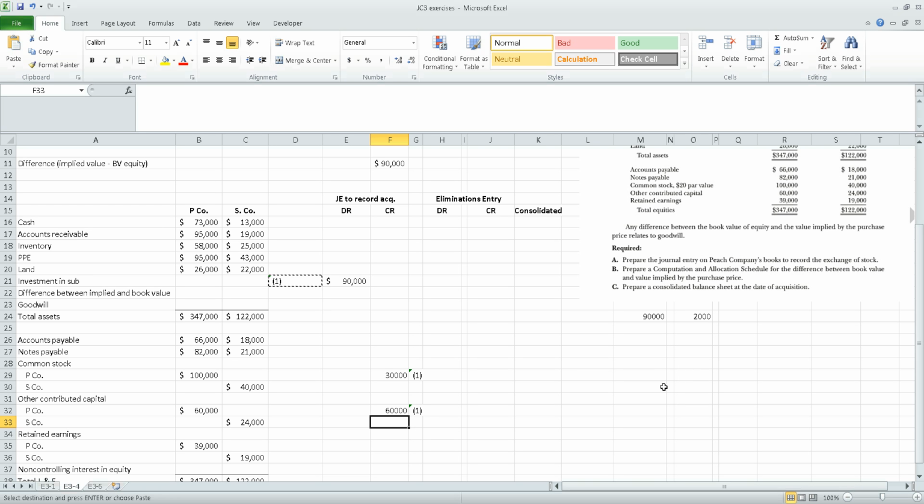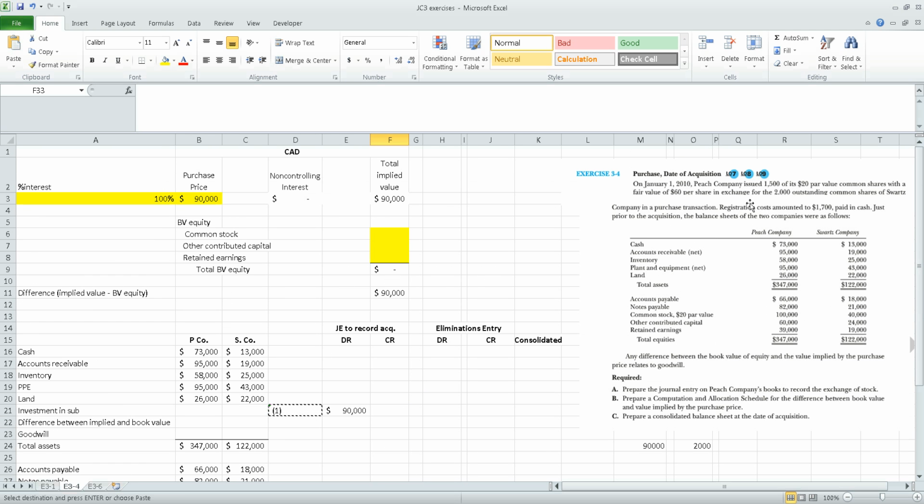Now there's another part of the entry that we need to make as well, which is we're told up here that Peach Company incurred $1,700 of registration costs that they paid in cash. So these were costs to attorneys, filing fees with the SEC, etc., that they incurred in connection with the issuance of the stock.